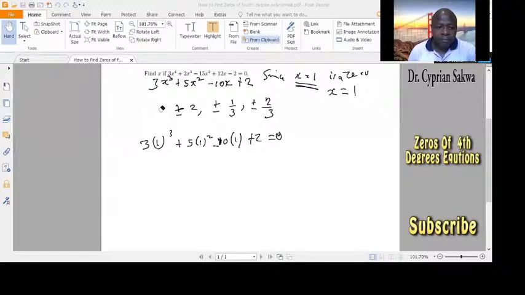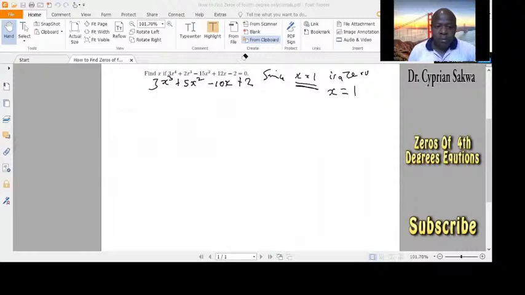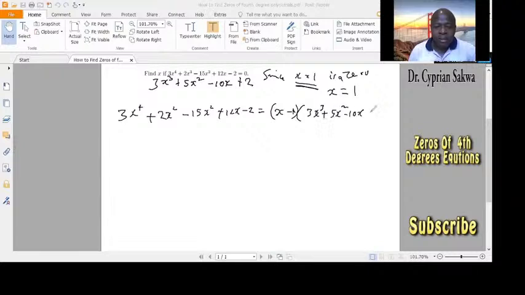So we want to factorize this one. Let me just show you what we have so far. What we have so far is that 3x raised to 4 plus 2x cubed minus 15x squared plus 12x minus 2 is the same as x minus 1 multiplied by 3x cubed plus 5x squared minus 10x plus 2.